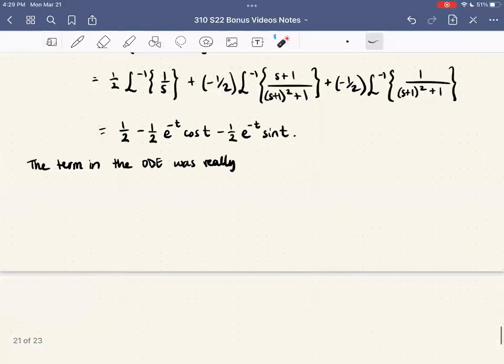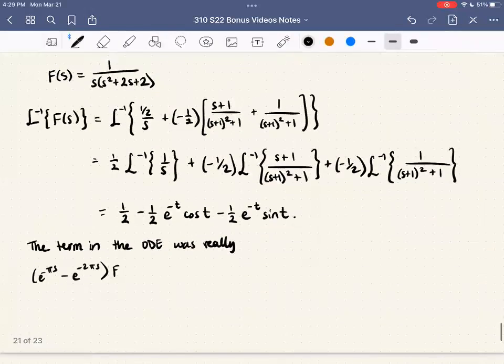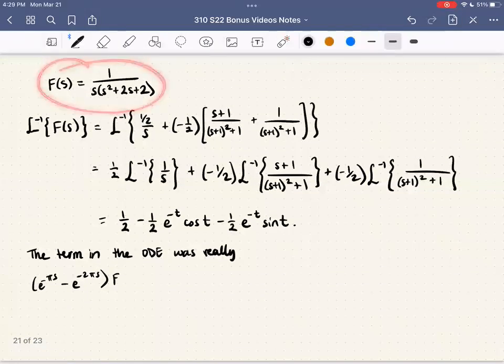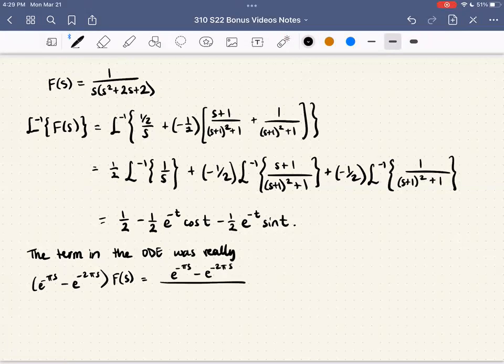So it was e to the negative pi s minus e to the negative 2 pi s times our function that I called F of s. That was the term that we had. So it was e to the negative pi s minus e to the negative 2 pi s all over s times s squared plus 2s plus 2. That's what we started with.